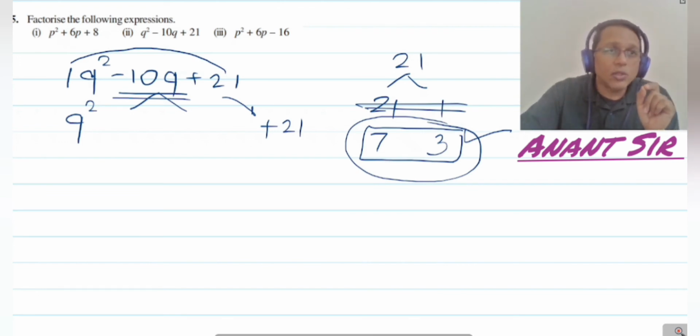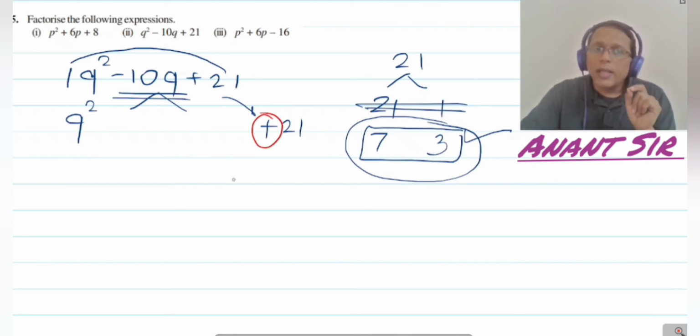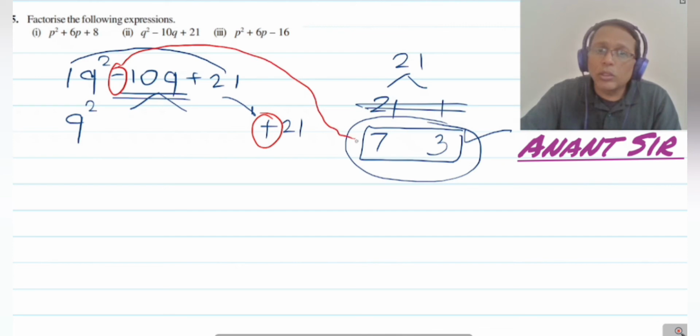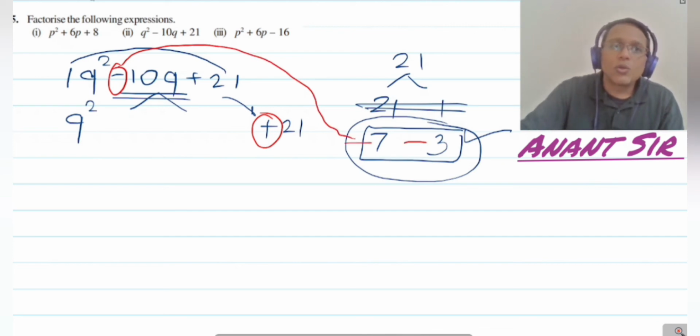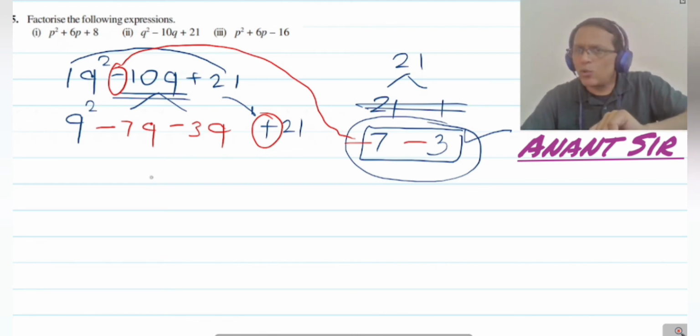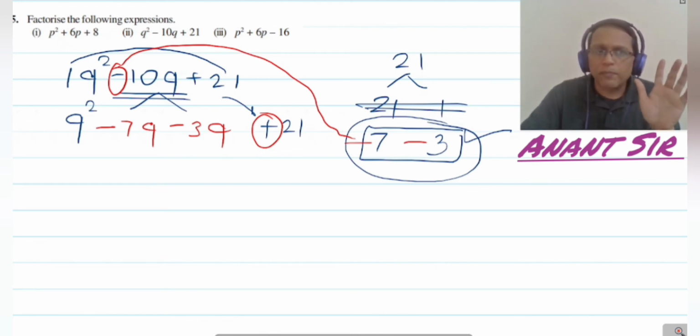If the last term is positive, give the sign of the middle term to both the numbers. So we will write this as minus 7q minus 3q. You can write minus 3q first if you want, minus 7q afterwards. It's okay, no problem. The answer is going to be the same.